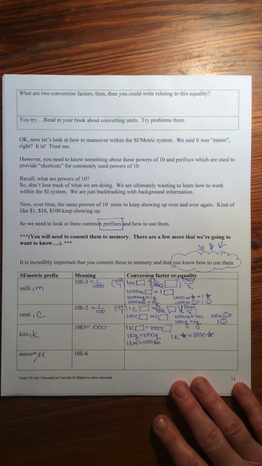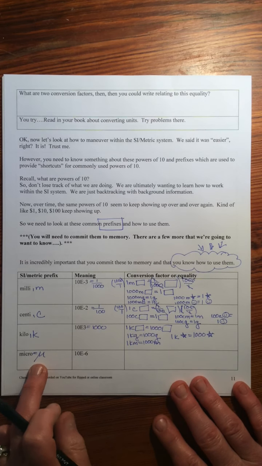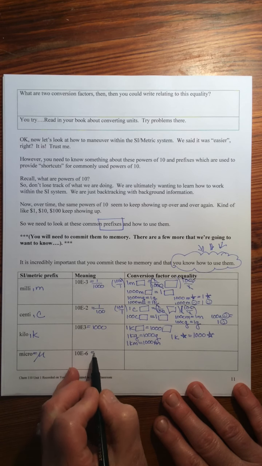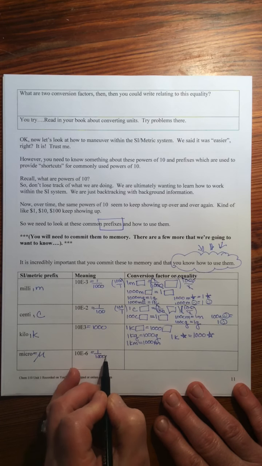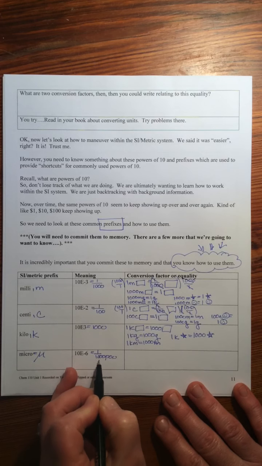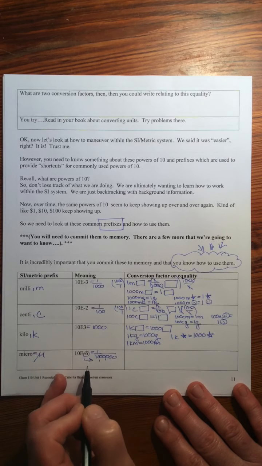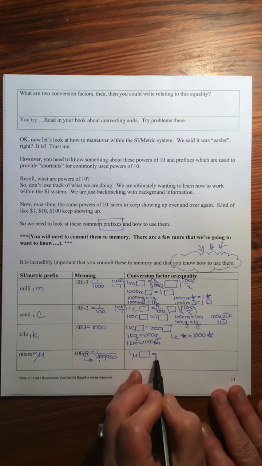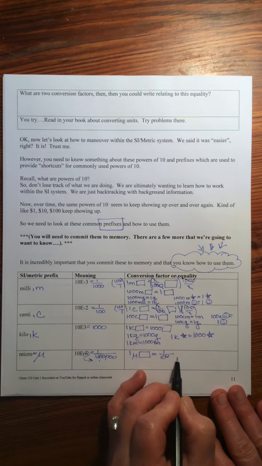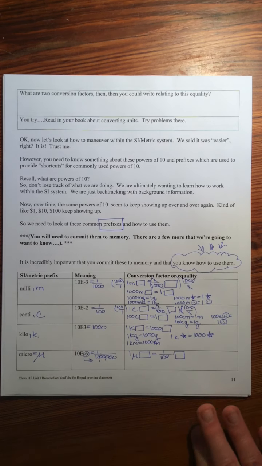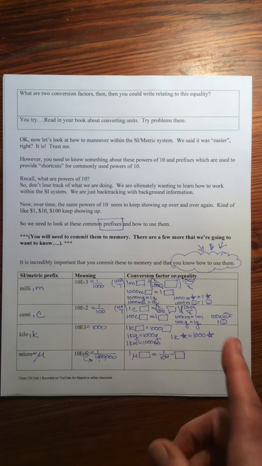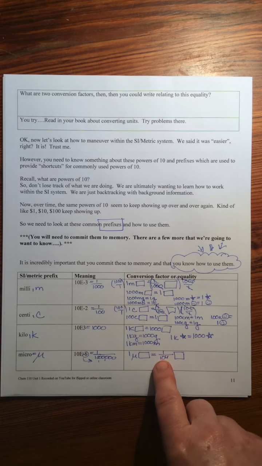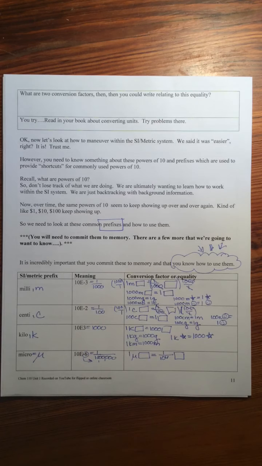Micro gets a Greek mu, it's like a U with a tail, and that is 1/1,000,000th. 6 zeros. 6 goes in the denominator. So 1 micro whatever equals 1/1,000,000th of a whatever. I'm writing it this way because I don't have a whole lot of space.